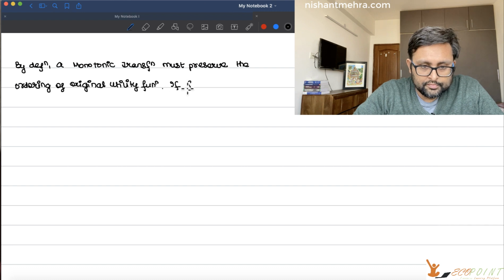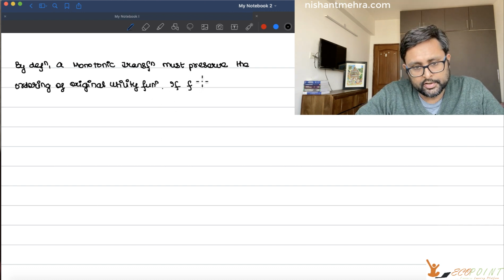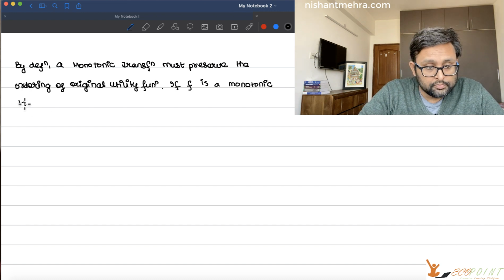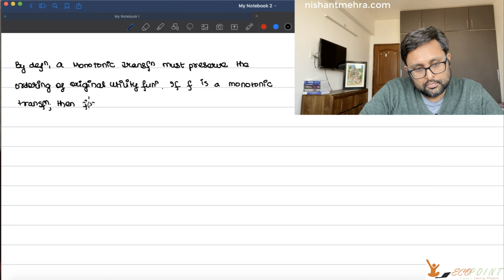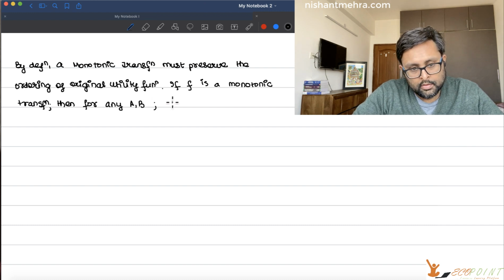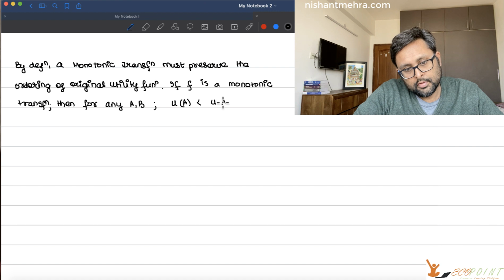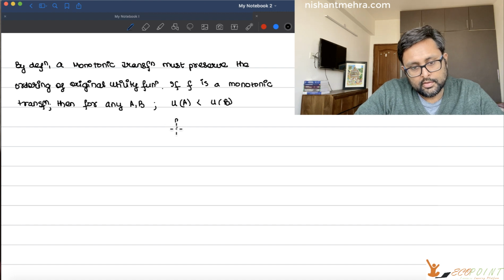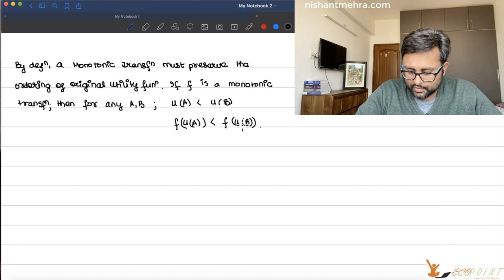So if f is a monotonic transformation, then for any A, B bundle, if UA is less than UB, then f of UA is also less than f of UB, right?